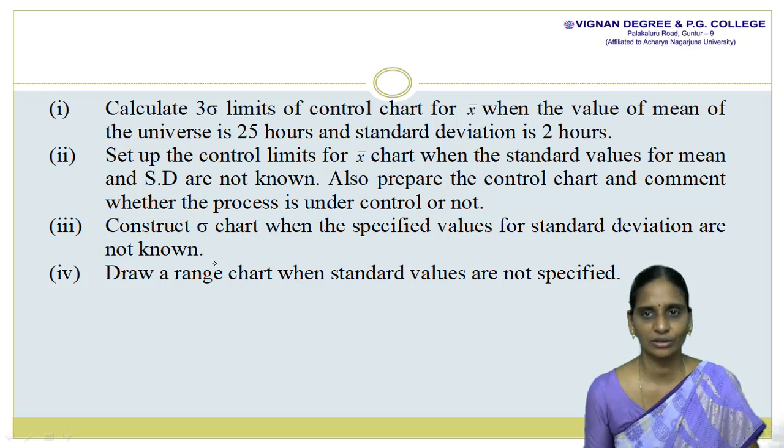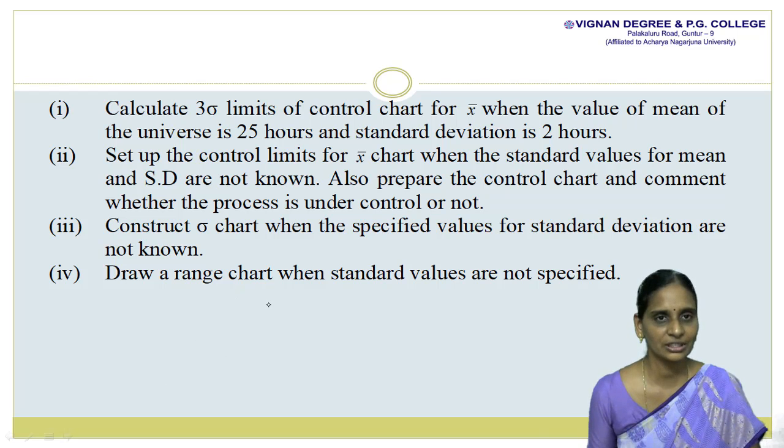Also prepare the control chart and comment whether the process is under control or not. In the third question, we have to construct the sigma chart when the specified values for standard deviation are not known. Then in the fourth question, draw a range chart when the standard values are not specified. So first we have to find out the first question.